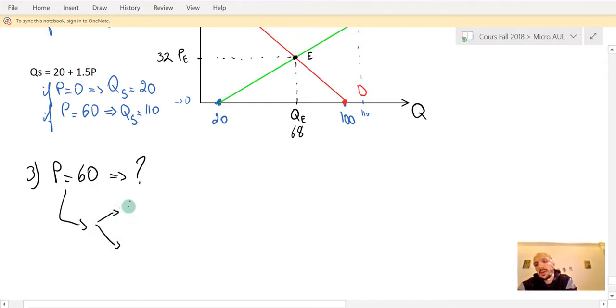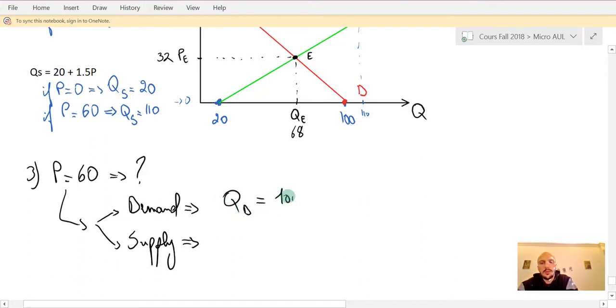First of all, you can use this price in both demand and supply and see what will be the quantity demanded and what will be the quantity supplied. We already know that the demand QD is equal to 100 minus P. So for P equals 60, quantity demanded will be equal to 100 minus 60.